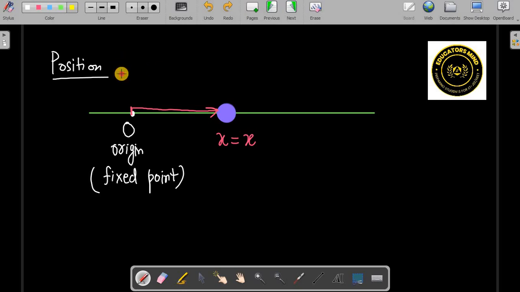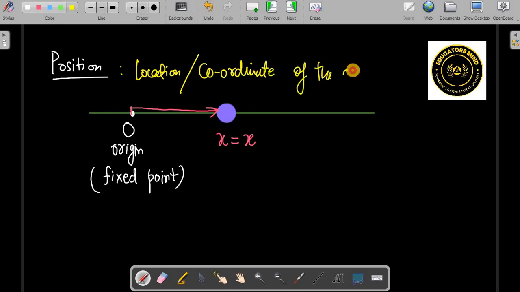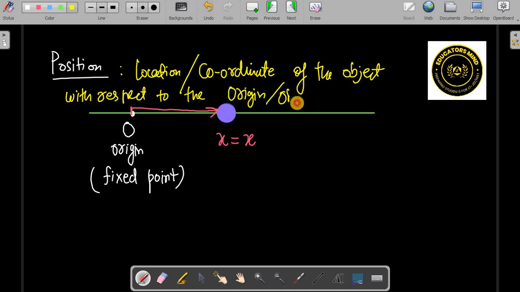Okay, that's what is position. Position means location or coordinates, you can say, the coordinates of the object with respect to the origin or observer.